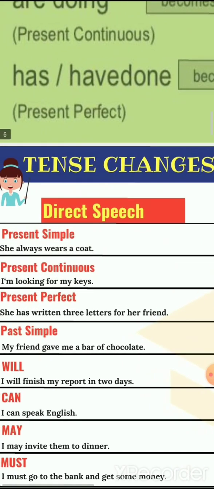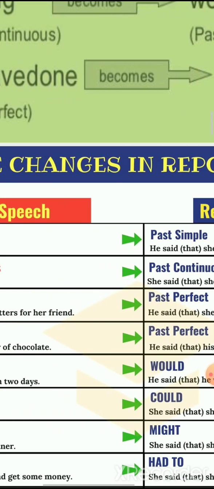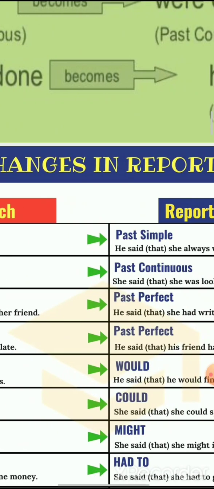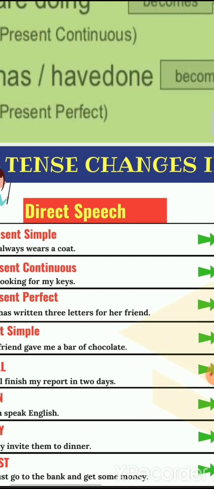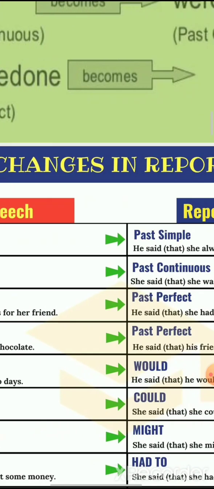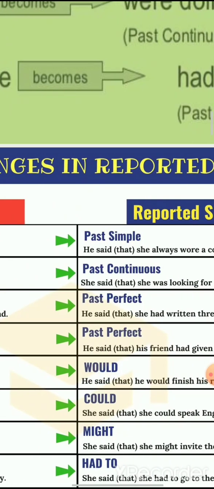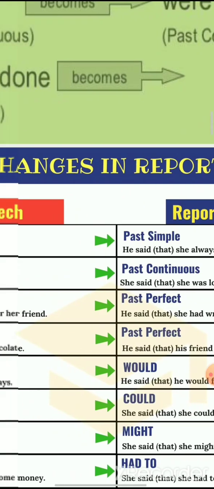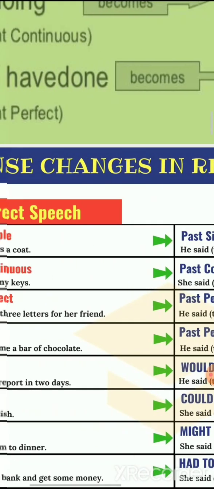She always wears a coat, and here he said that she always wore a coat. Wear becomes wore. Why? Because said anedi undi, the reporting verb is said. And then am looking changes to was looking. Okay, because she anedi singular, so was looking.